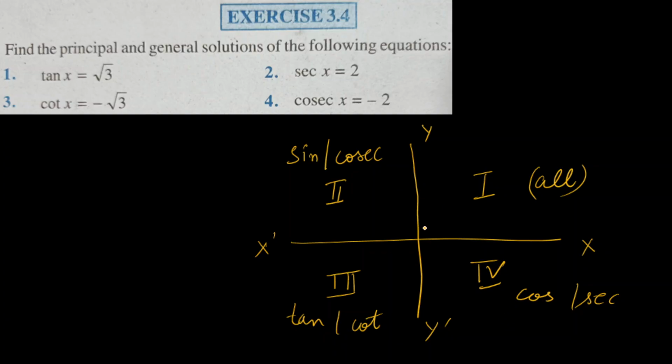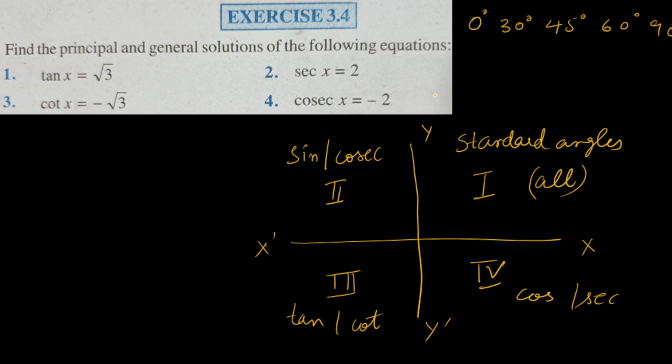Also, you have to remember that whenever we express in the first quadrant, we use the standard angles. When I say standard angles, they are 0 degree, 30 degree, 45 degree, 60 degree and 90 degree.